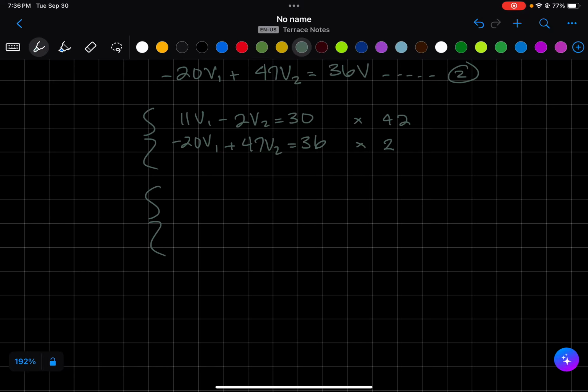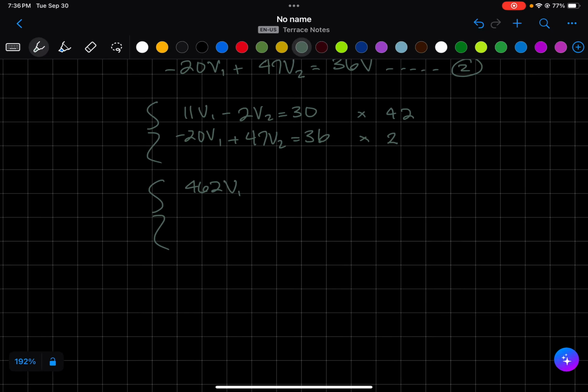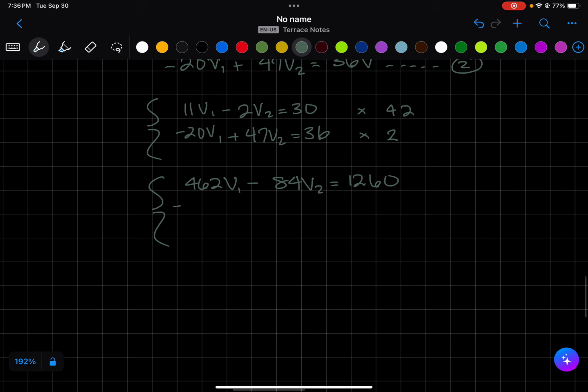So 42 times 11 is 462 v1. 42 times 2 is 84 v2. 42 times 30 is 1260. 20 times 2 is simply 40 v1 plus 47 times 2 is 94.